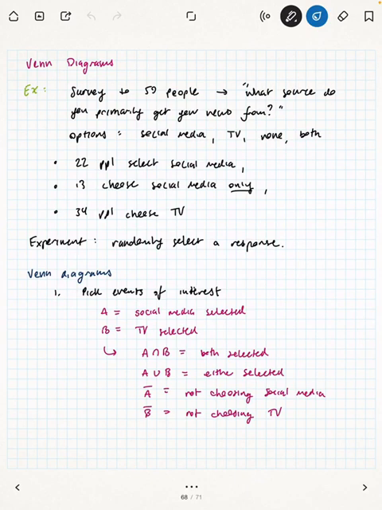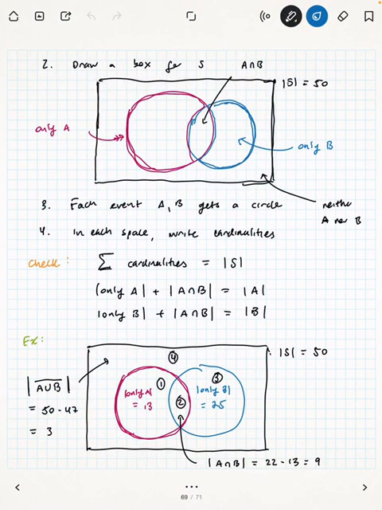That's telling us how many people are in only A. So that goes in this magenta crescent. We know that 22 select A in total. So 22 said that they get their information from social media.